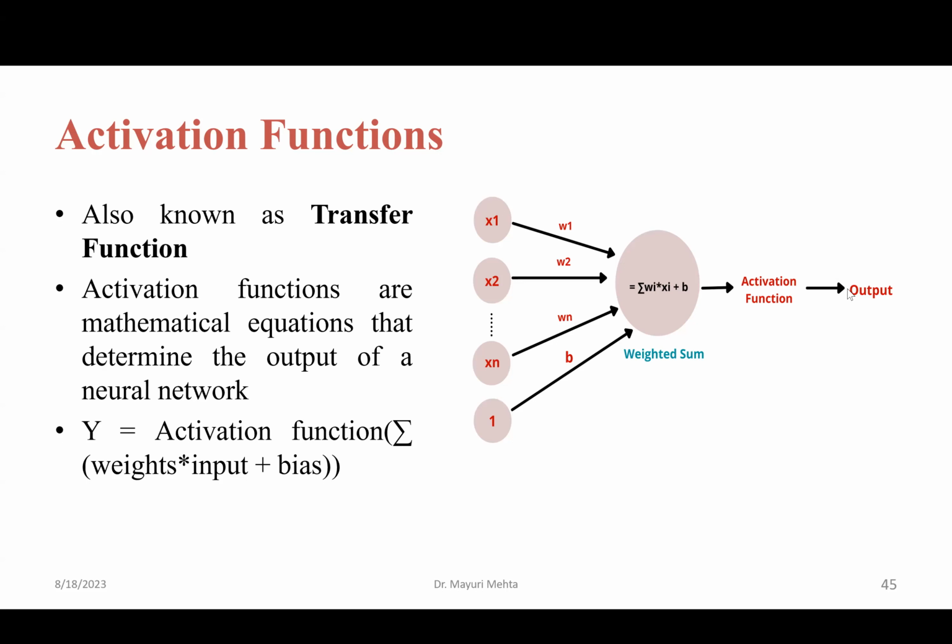In addition, activation functions can be differentiated, and because of that, back propagation can easily be implemented. That's why we also need activation functions: as they can be differentiated, we can use back propagation in a neural network.